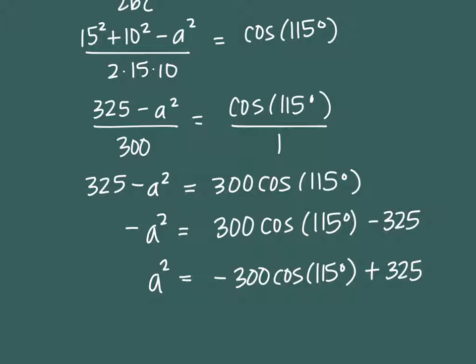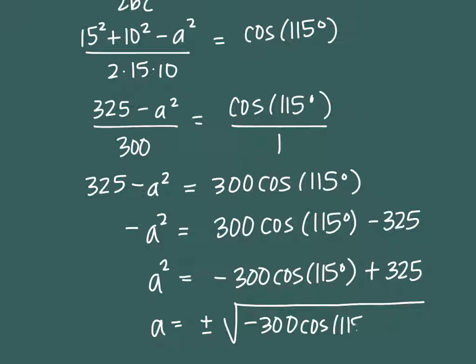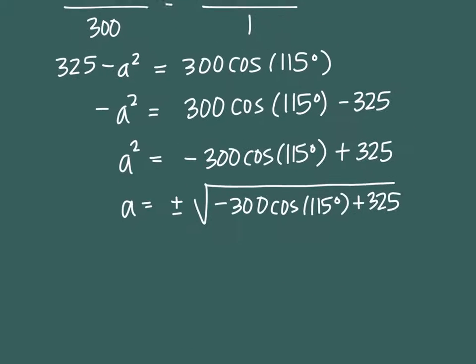Now I can use a square root, and what goes in front of a square root? Plus or minus the long square root of a -300 cos 115 plus 325. And now you type that whole thing into your calculator to get the decimal.